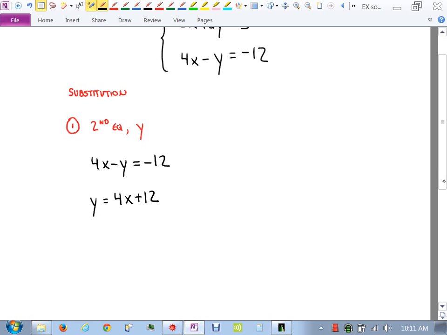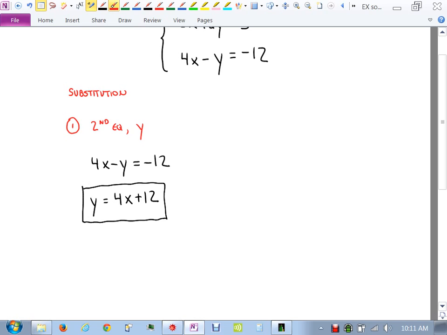But then I flipped the order. So I really had 4x plus 12 equals y. But with an equation, it doesn't matter which side, right? The left and right sides, you can just swap them. Is that all right? I'm assuming everyone could have got y isolated.